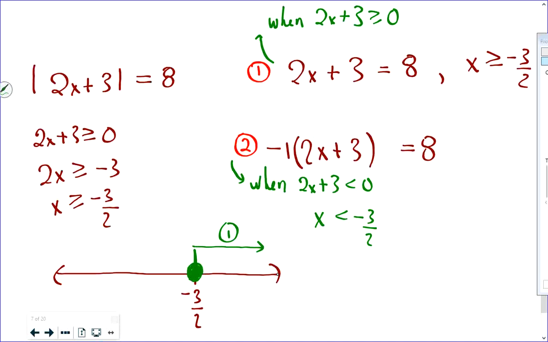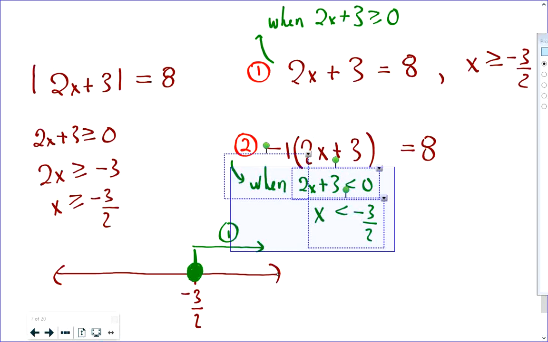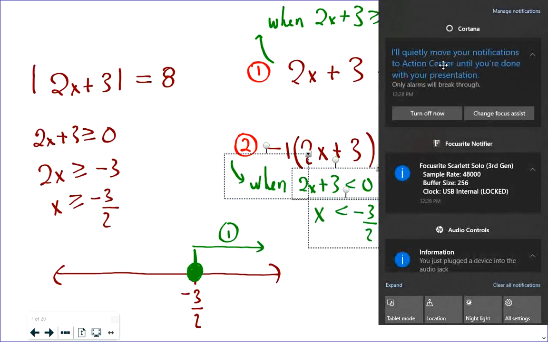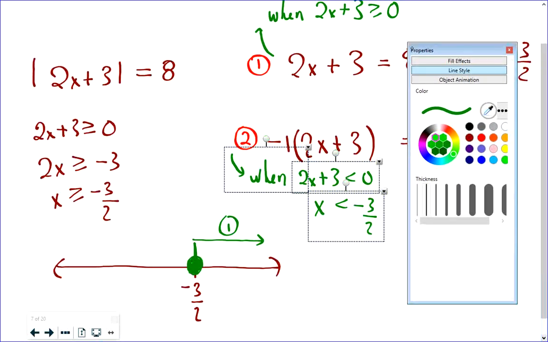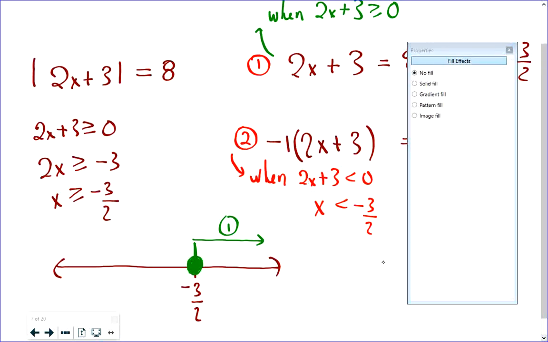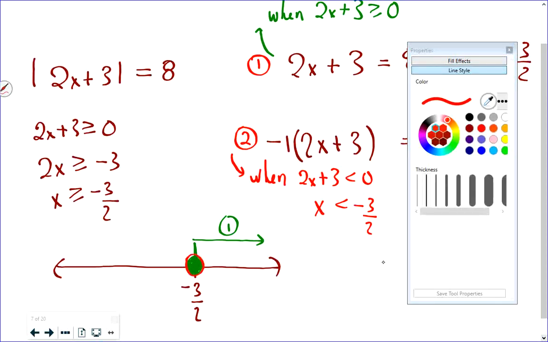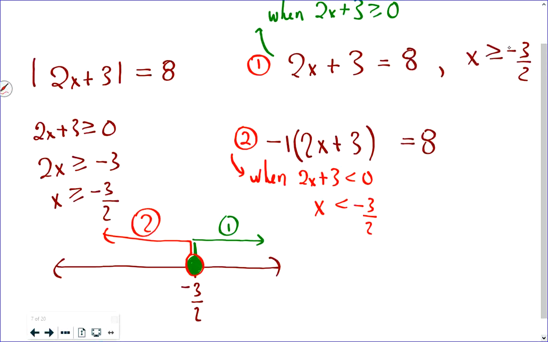So for equation 2, I'm just going to use a different color here. I'm going to change that to red. Because then over here, what we are saying is for equation 2, those are the values of x. And we can even write that here. We can say x is less than negative 3 halves.